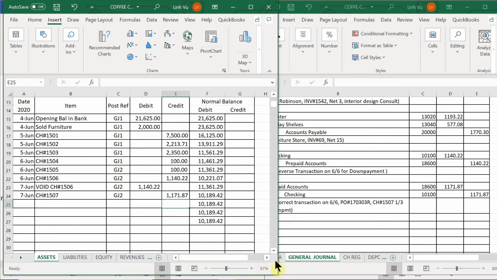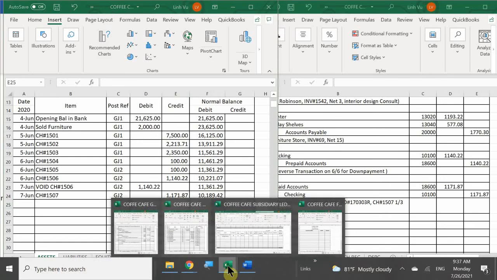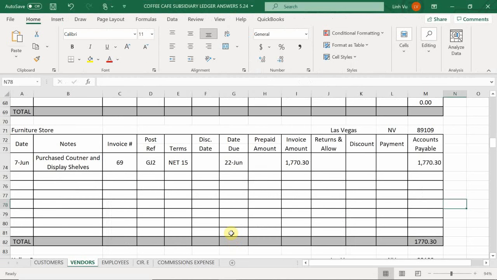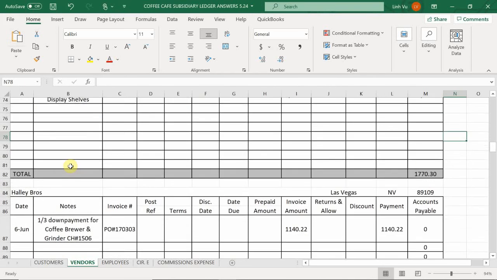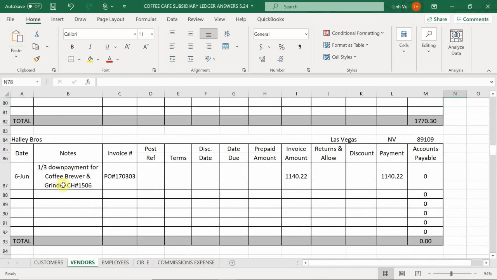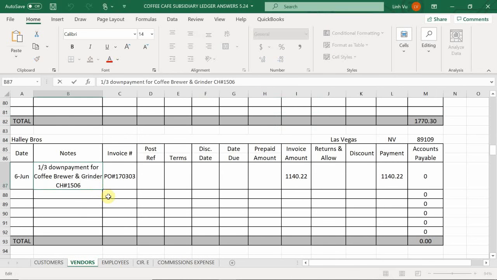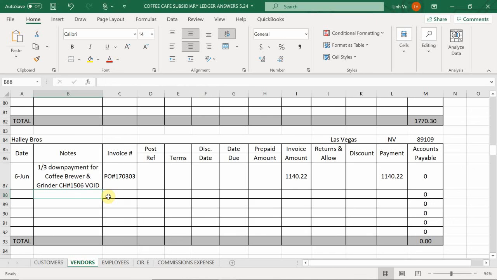Last but not least, we need to update our subsidiary ledger because we made some revisions to the purchase order and we also wrote out another check. So here we are. I want you to go ahead and enter in this box right here that this check has been voided. I don't want you to delete this transaction or modify it in any way because once again, this is our way of keeping track of our transactions.